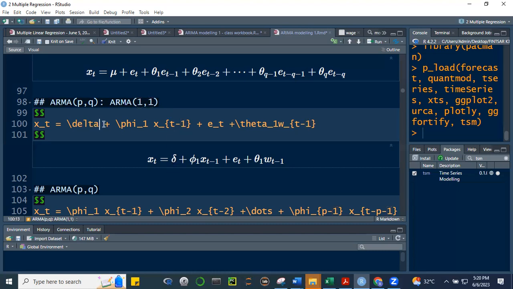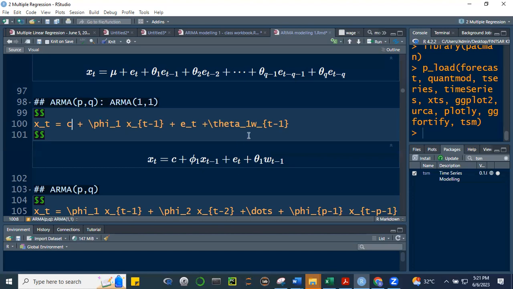Let's just call this delta, since that's for AR. Let's just call this a certain constant C. So it's a certain constant, a combination of the AR and MA process. A certain constant plus phi 1 x sub t minus 1. This is your AR process.